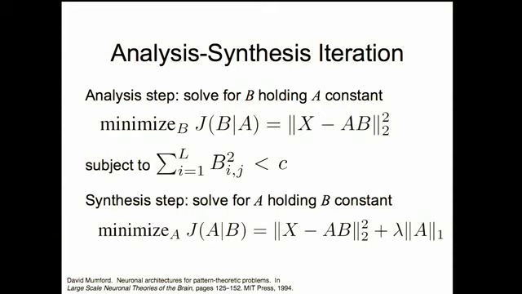So in the analysis step, we solve for the basis vector holding the coefficients constant, and our objective function in that case is just the reconstruction error with some constraints on the basis weights. In the alternating synthesis step, we solve for the coefficients holding the basis constant.